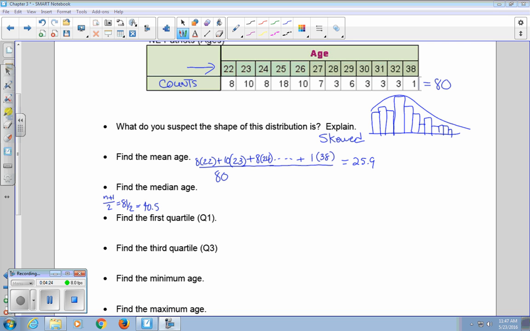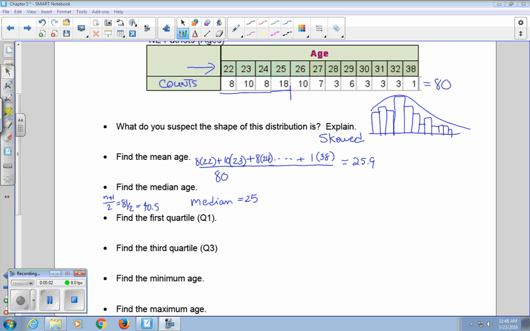So starting over here, we have 8 plus 10 is 18, plus 8 is 26, plus 18 is 42. At this point, we've already passed the 40th and the 41st, which tells us that the median age is actually right in that bin. It's 25. So the median is equal to 25.